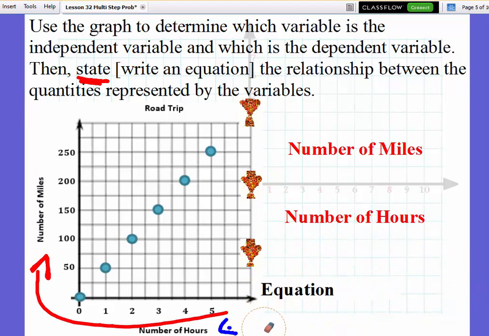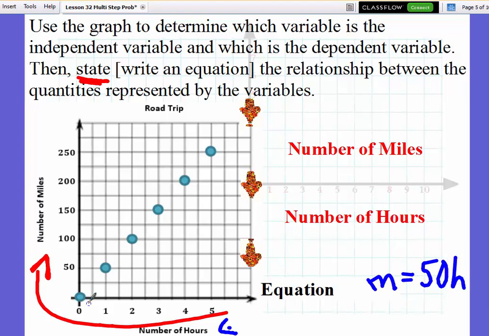Well, they got that 50 because that's how much it is increasing whenever your x number increases. When your x, let me rewrite it for us, m equals 50 times h. When your x increases by 1, how much did your y increase? Well, it increased by 50.